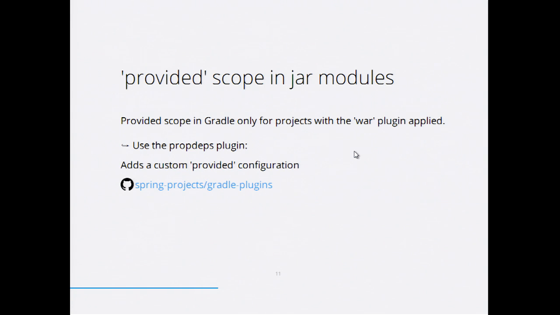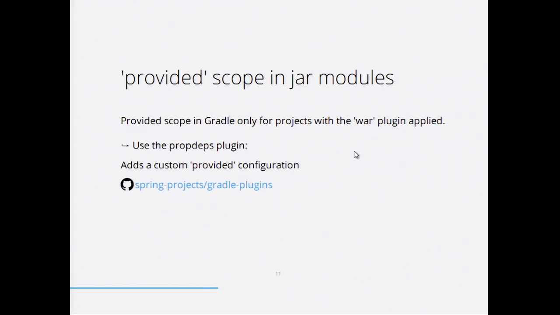The one thing Gradle does not solve is using a provided scope in jar modules. It only works for war or web app modules, and the guys at Spring created a little project which helps you to use provided scope even in jar modules.